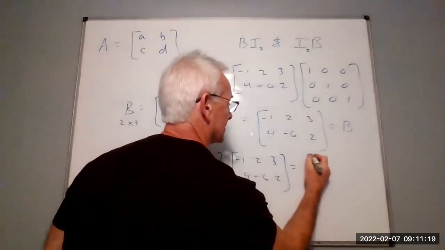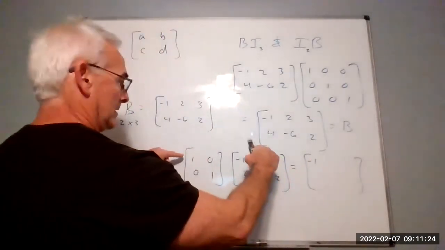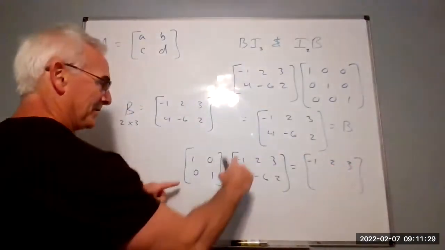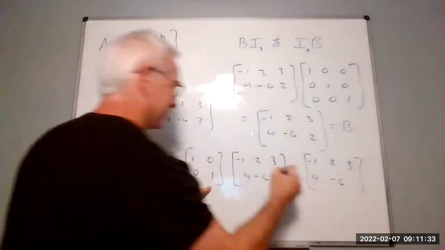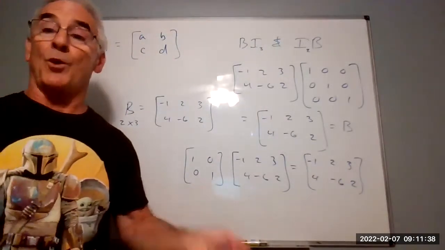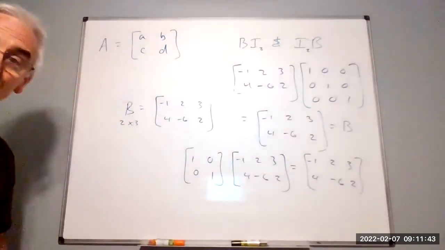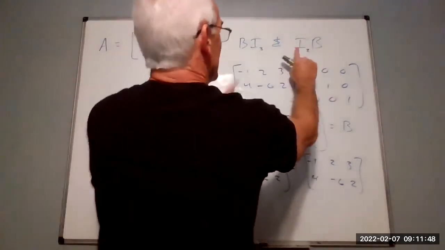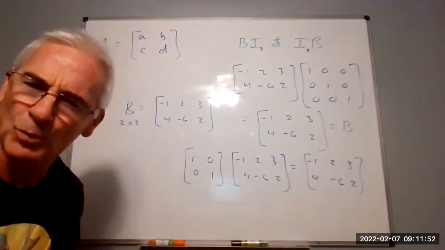When I perform this, I've got -1 plus 0, 2 plus 0, 3 plus 0. I think you see where this is going. 0 plus 4, 0 plus -6, 0 plus 2. Whenever you multiply a matrix by the appropriate identity matrix, you get the same matrix back. Absolutely across the board, unchanging. It has to be compatible. These aren't the same I's, but in both cases, I got the matrix B back. Very cool process.